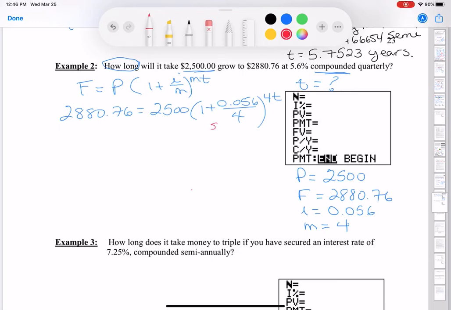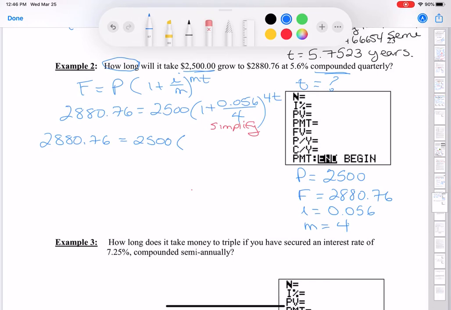I want you to simplify this. So I want you to find the answer to what's inside the brackets as your first step. So I'll just rewrite that. 2880.76 equals 2,500 times the answer in the brackets, 0.056 divided by 4 plus 1.